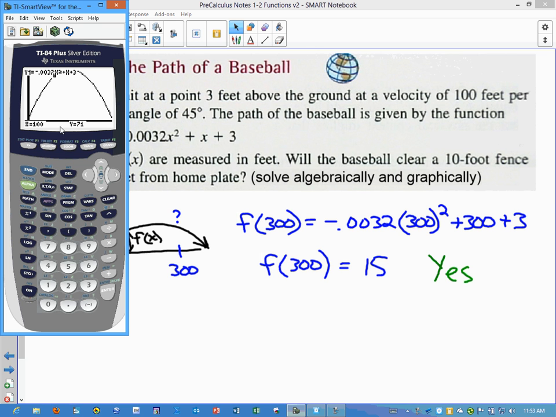Also, one other thing I want to mention about the calculator is when you use the zoom fit, although it puts all the data in there, you're going to have a different scale for your x and your y. As a matter of fact, even if you have the same scale, this is not necessarily a realistic view of the flight path. If you wanted a realistic view, then once you've done zoom fit and you have all the data in a window, you want to do zoom square, which will be number 5.